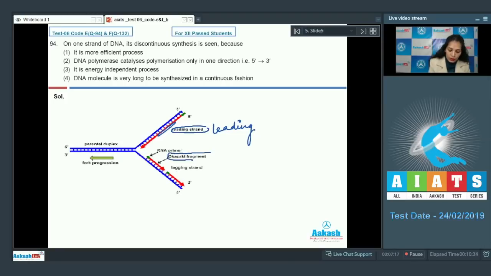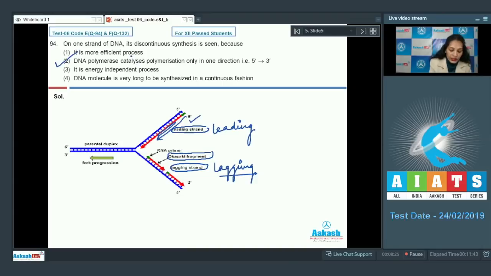These fragments are called Okazaki fragments, and this strand is called the lagging strand. So what is the reason for synthesizing these DNA molecules in a discontinuous fashion? Because the DNA polymerase catalyzes polymerization only in the 5' to 3' direction. So the correct option for the given question is option number 2.